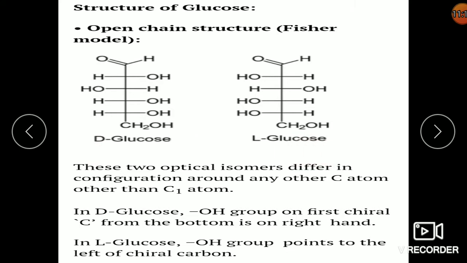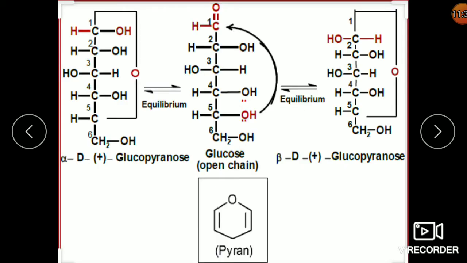These two optical isomers differ in configuration around any carbon atom other than the C1 carbon atom. In D-glucose, the OH group on the first chiral carbon from the bottom is on the right hand side, hence it is D-glucose. If it is on the left hand side, it is L-glucose.